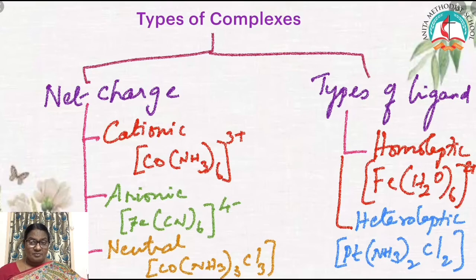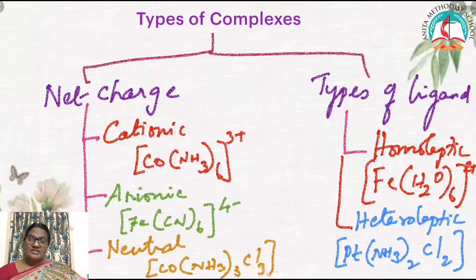Anionic complex, the complex carries a negative charge. Hexacyanoferrate, 2 minus 4. And some of them are neutral also. They don't carry any charge because all the charges are balanced. So I have cobalt, just now we saw plus 3. It is balanced by 3 Cl minus ions. So the triammine, trichloro, cobalt. So here it is a neutral complex.